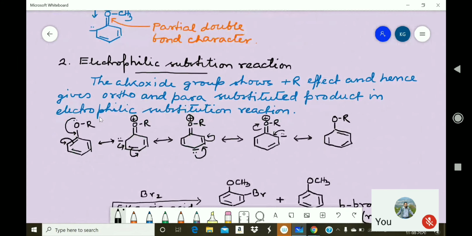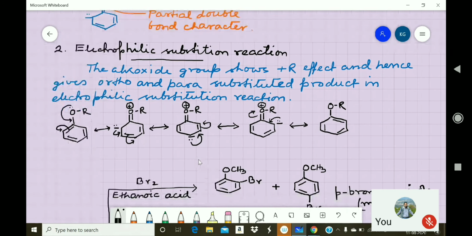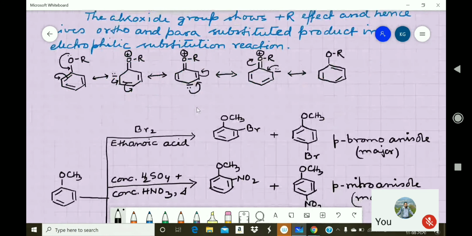Next, let us follow the electrophilic substitution reaction of alkyl aryl ether. Since the alkoxide group has the plus R effect, due to that, this ortho position, and here also the ortho position and the para position become electron rich, and therefore these aryl alkyl ethers give rise to ortho and para substituted products in electrophilic substitution reactions.